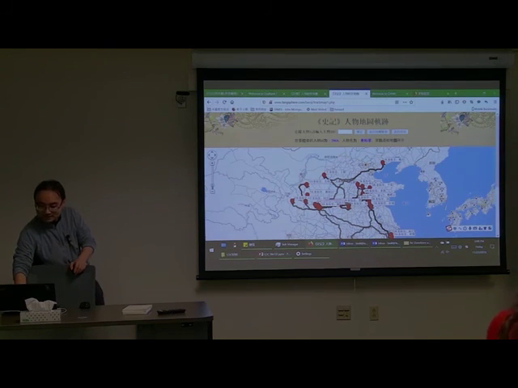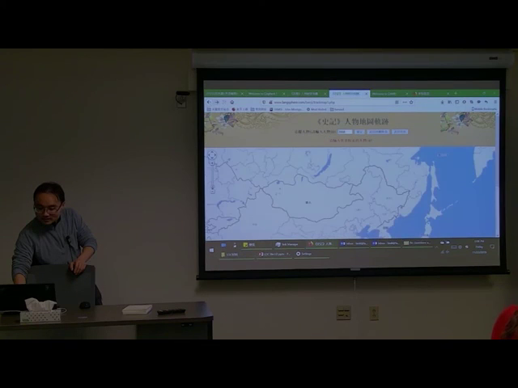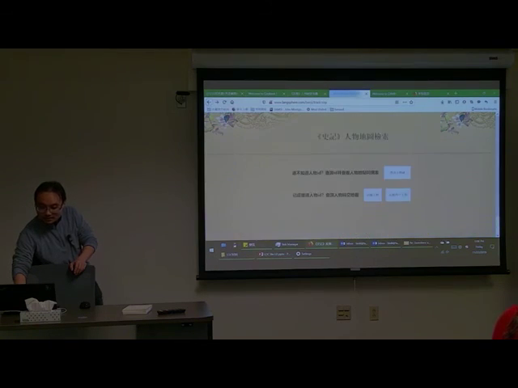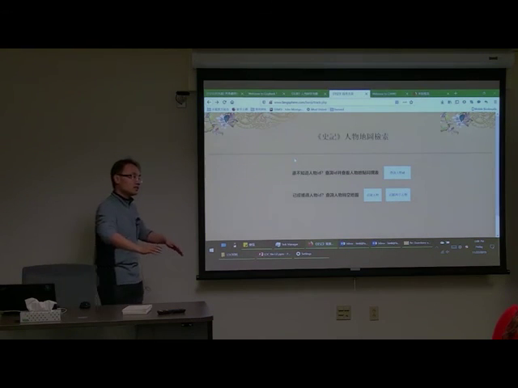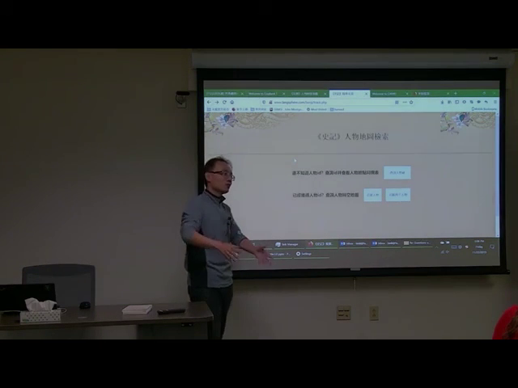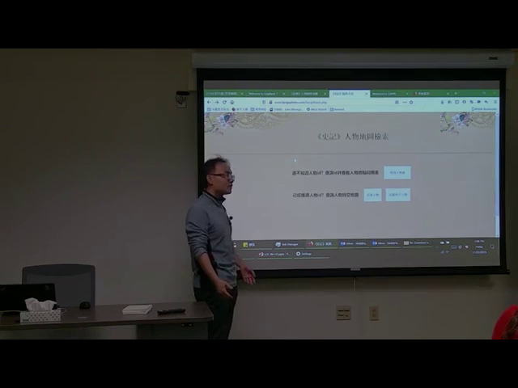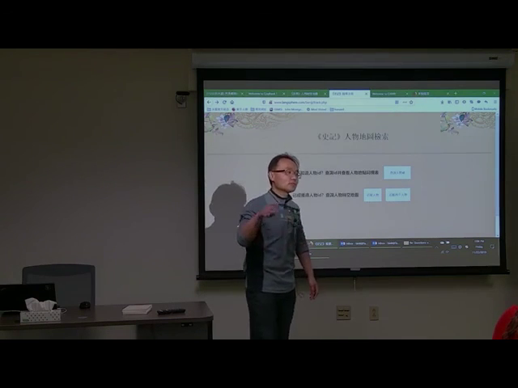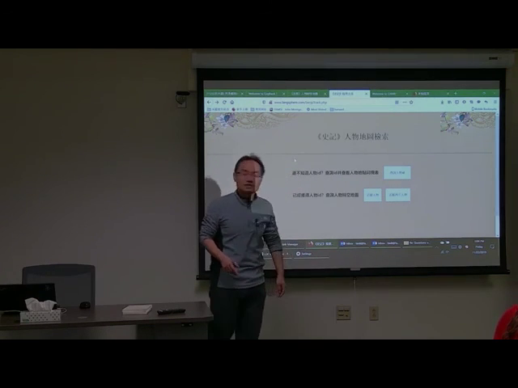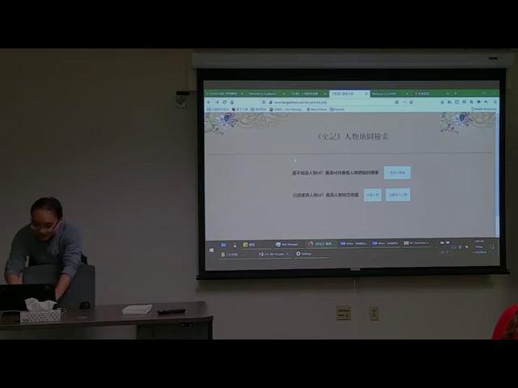This is for Chinese history. Five years before, we could only do full-text retrieval of the text. And now we annotate each person and each place on the map. So now we can find someone.